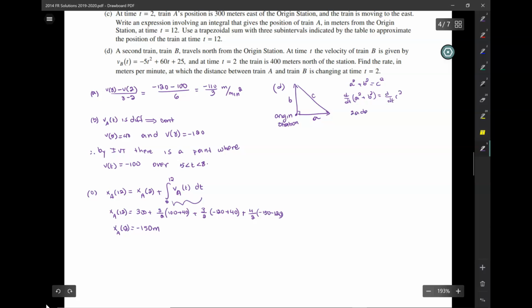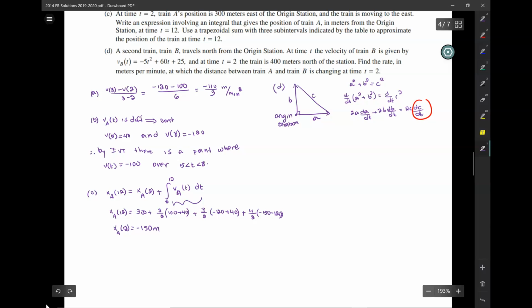2a dA/dt plus 2b dB/dt is equal to 2c dC/dt. Okay, what we are looking for is this. Let's see what we have here.